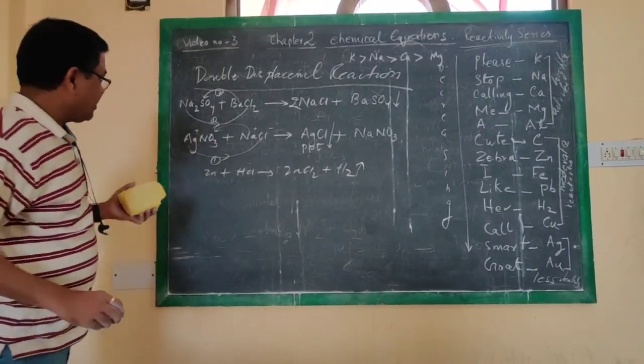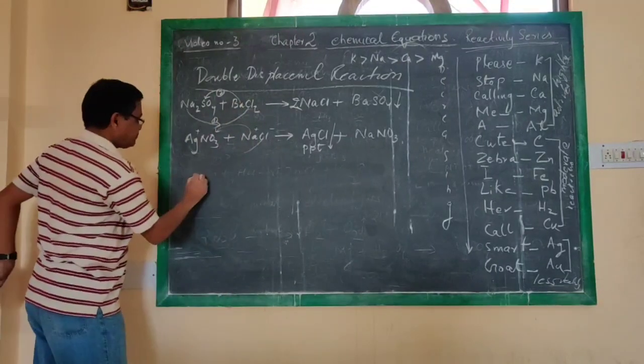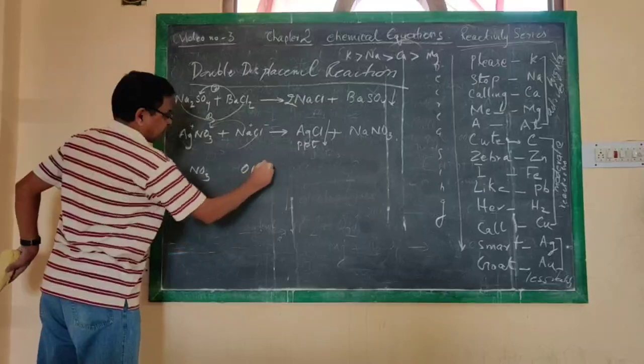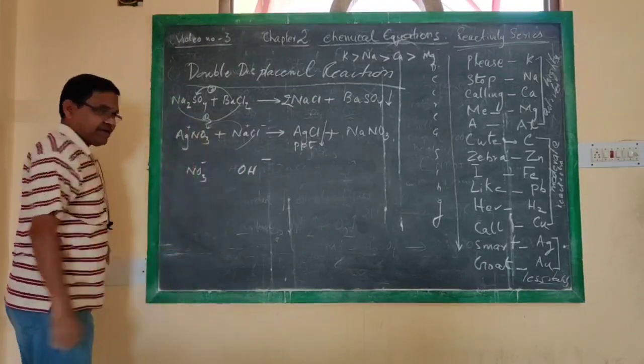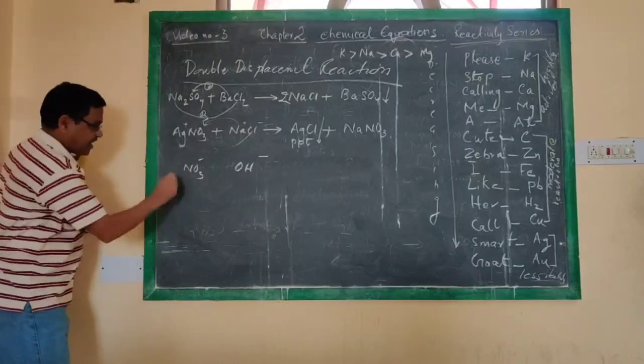Many of them may be having a doubt how this NO3, for example NO3, I write here minus. Why do I write minus here? Negative radical. Take the valency.